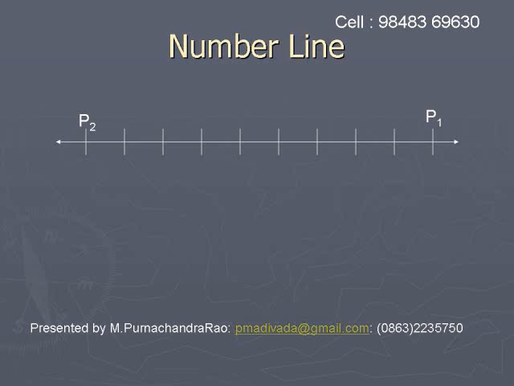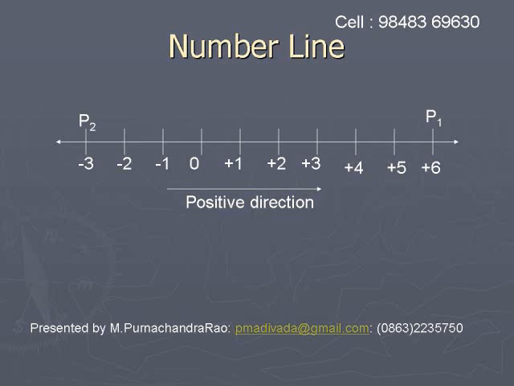To understand motion, let us recall what we have studied in mathematics, the number line. In the figure, a number line is shown. On this number line, there are numbers 0, +1, +2, +3 and -1, -2, -3, etc. We take left to right as the positive direction and right to left as the negative direction.